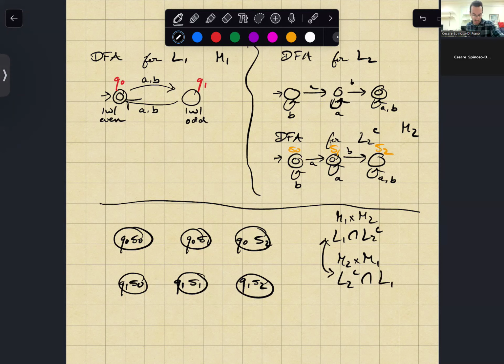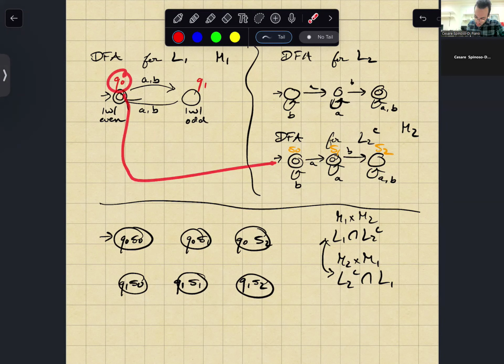But I'm just doing this order because it's the one that's present here. So this is going to be my start state because it contains the start state of both M1 and M2. The accept states are going to be the states that contain as pairs accept states from M1 and then accept states from M2. So that's going to be Q0 with S0 and Q0 with S1.